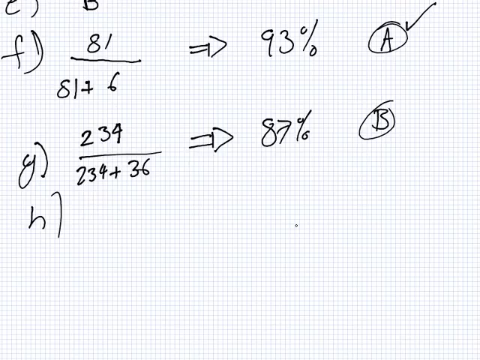Okay, let's have a look at H now. Is it not this? 87? 234 over 234 plus 36. Yeah, this is right? Okay. So, answer for H is treatment A is better.